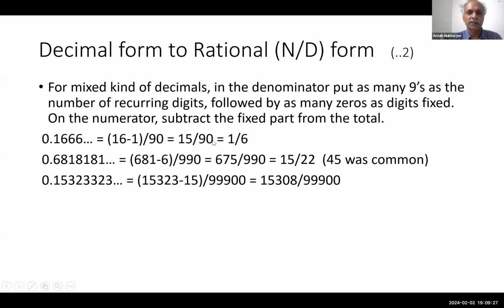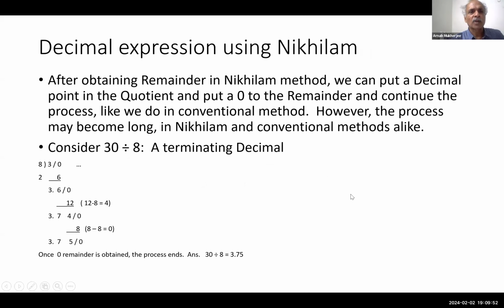So it becomes like this, 1 by 6. 0.681 81 81, so 681 minus the 6, the fixed part, divided by 990: the 2 repeating digits give 2 nines, and 1 fixed digit gives 1 zero. Upon cancellation, it becomes like this. It is shown; you can see how it is coming.